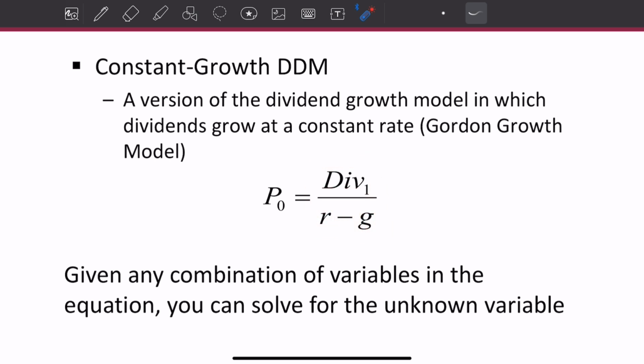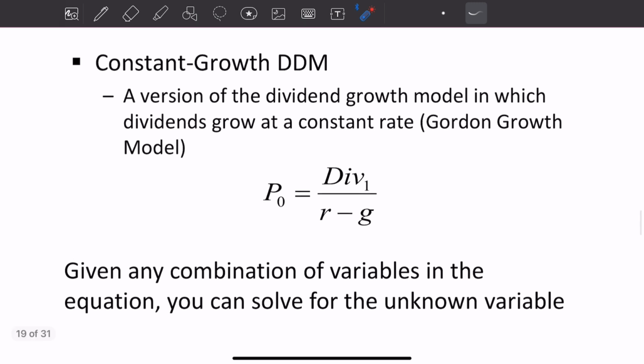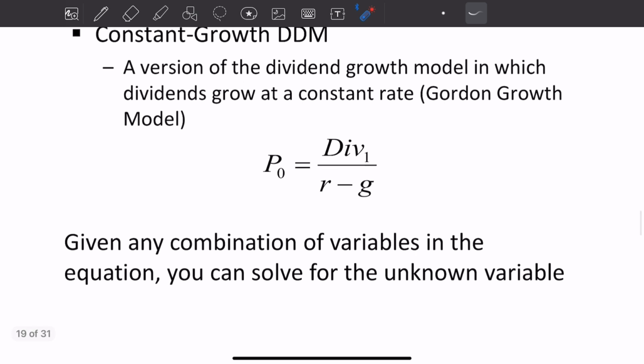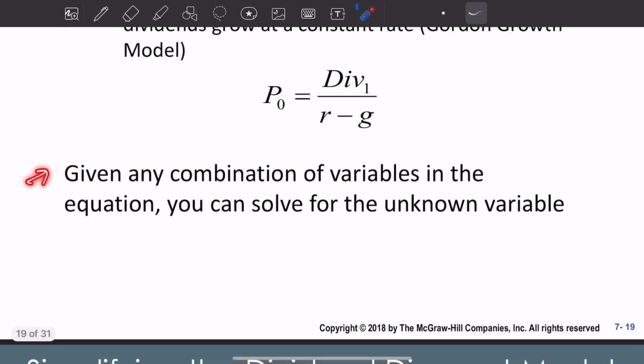So as long as you have a good handle on your mathematical skills, you should be able to play around with this formula, and for whatever missing value, you can still find it, as long as you have only one missing value, whether it was the growth rate or the required return or the dividends. If you have more than one missing, then it's not going to be possible to calculate. So this is what this says to you: given any combination of variables in the equation, you can solve for the unknown variable.